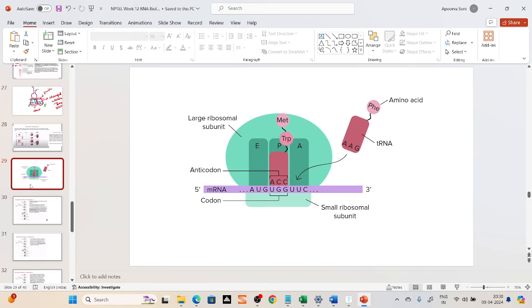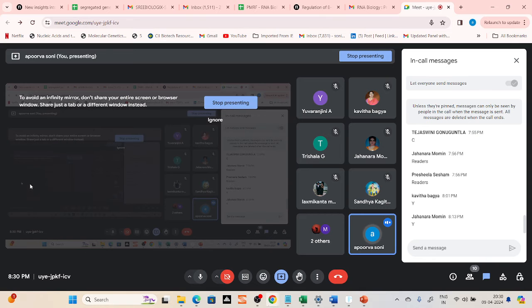Now, a few important things, I'll just tell you like a story. You try to understand and then we'll move to the lectures. Okay. Before the translation starts, always remember that the smaller subunit and the larger subunit are not present together. That means they are not bound to each other before translation.